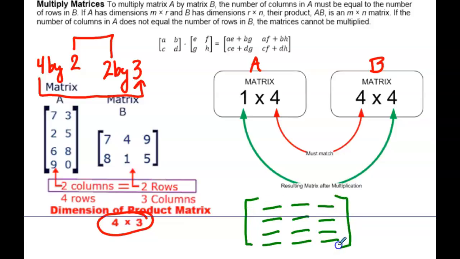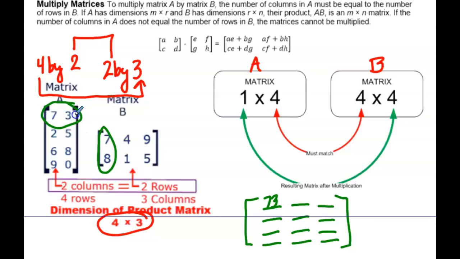That's very big. What you do is you take each row by each column, and you multiply 7 times 7 is 49. And then you multiply 3 times 8 is 24, and then you add them together. Doesn't that sound fun? 49 and 24, 73 maybe? I don't know.